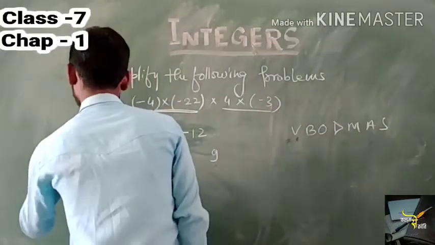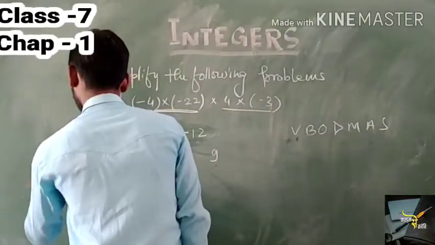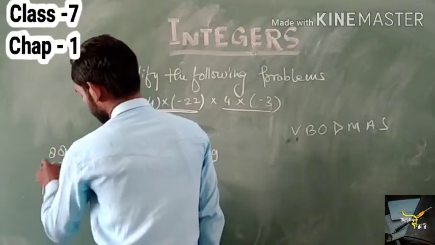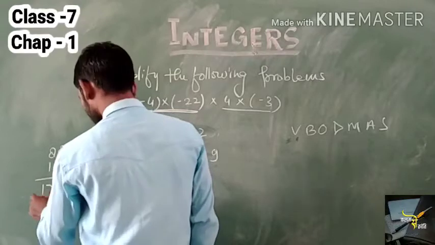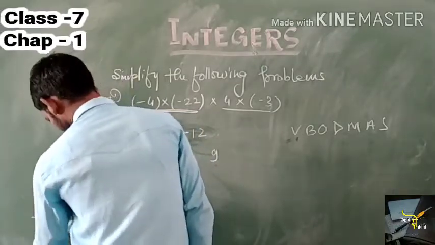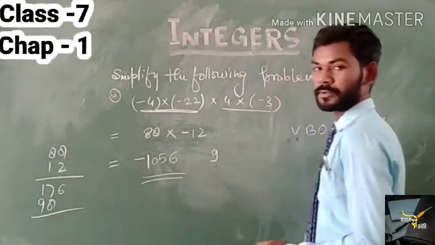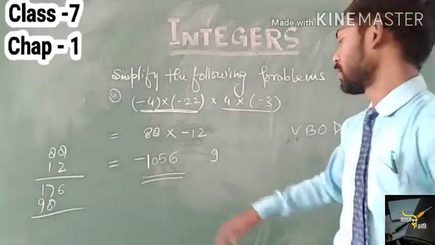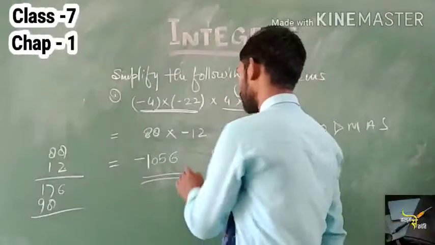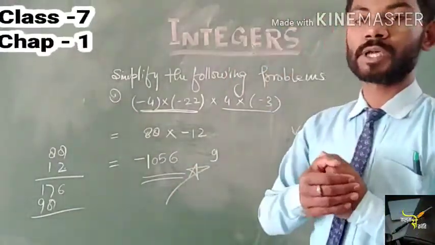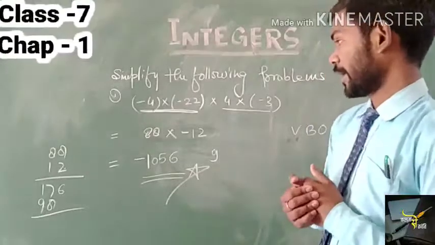Let's see, 88 multiplied by 12: 2 times 8 is 16, and again 8 times 8 is 64, and so on. Therefore minus 1056 is the right answer.